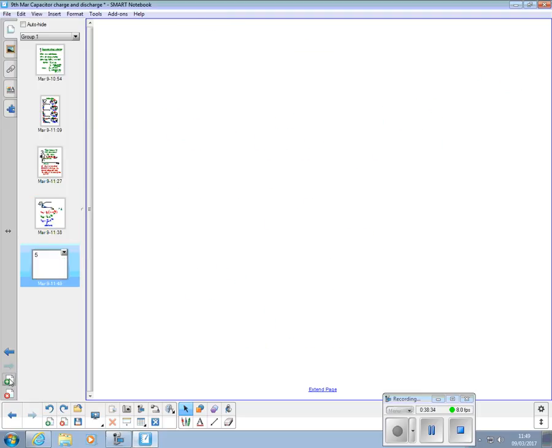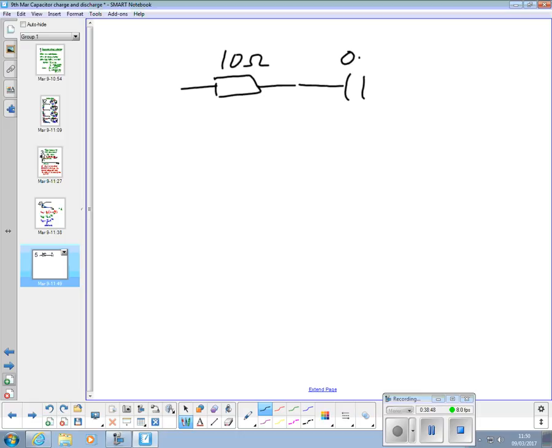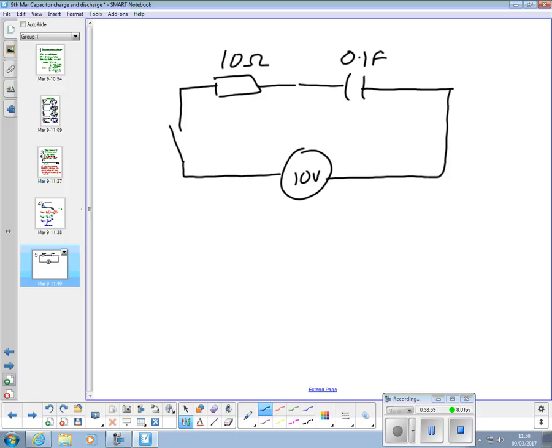Right. Let's have a little circuit and do some calcs, shall we? 10 ohms, 0.1 farads, a switch, 10 volts. First thing we'll do is find CR.